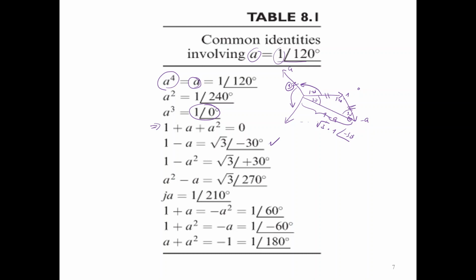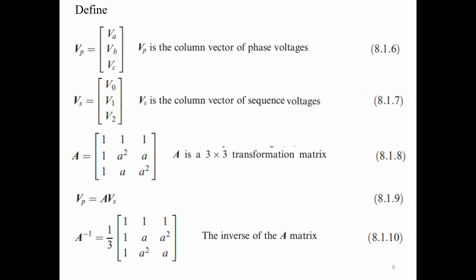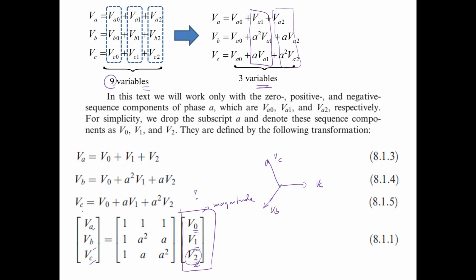Okay, I would just leave this. You can play around with this simple geometry, but these are the common properties. So we use this common property to find the inverse. From the earlier formula, we express the VP, which is the phase quantity. This vector is called VP, standing for the phase voltage.